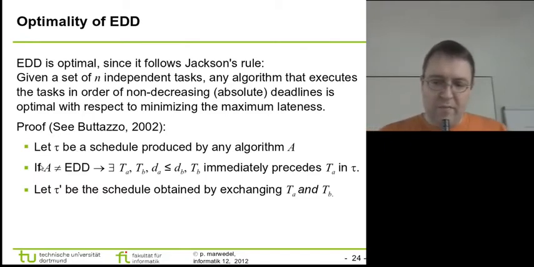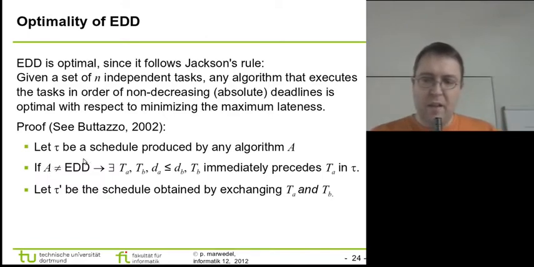Now we check if A is not the EDD schedule, then we know that there exist 2 tasks, Ta and Tb, with deadlines da less or equal than the deadline of b, and for which task b immediately precedes task a in our schedule.